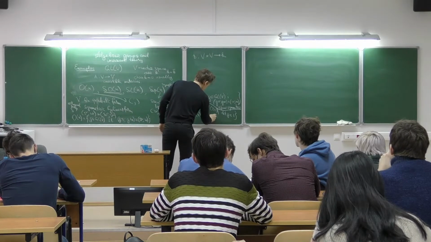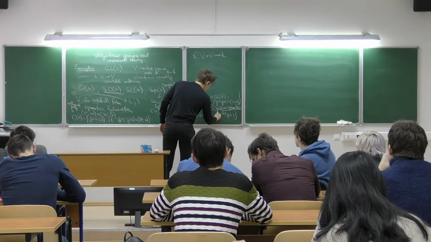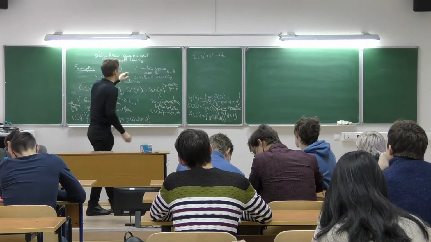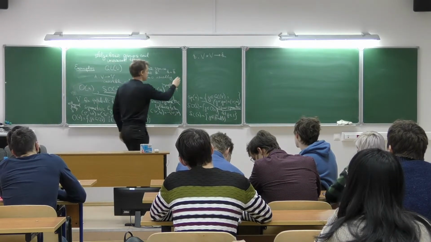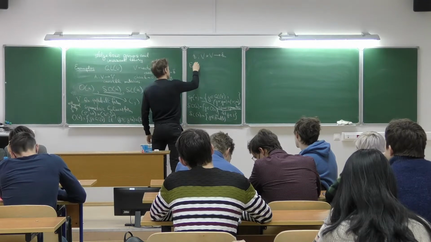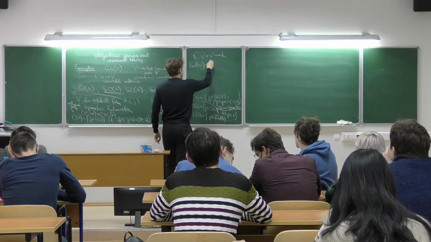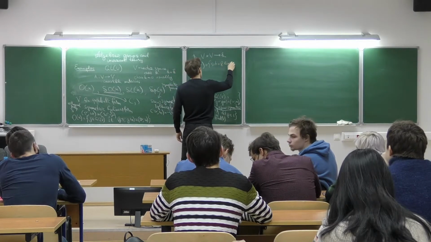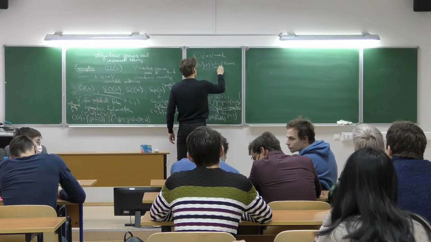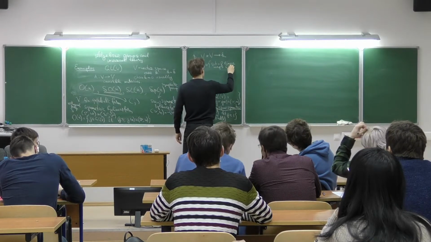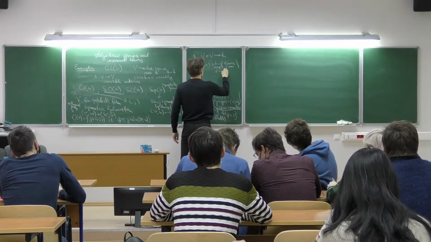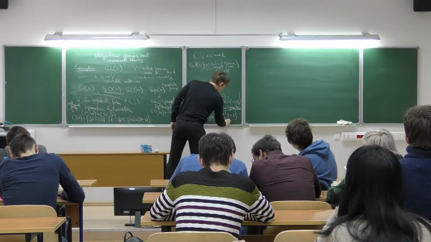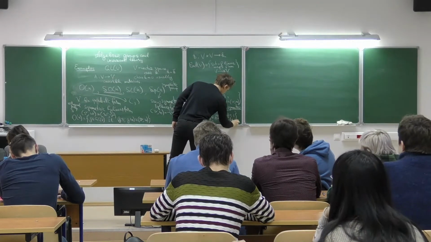So for matrices, I will just denote by End(V) the set of endomorphisms of V, the set of linear maps from V to V. And so these are just the endomorphisms that have determinant equal to 1.